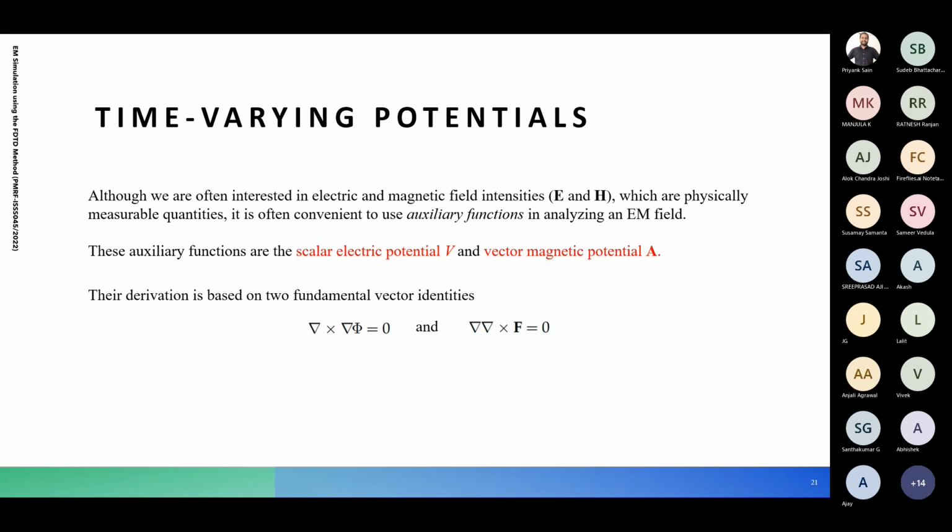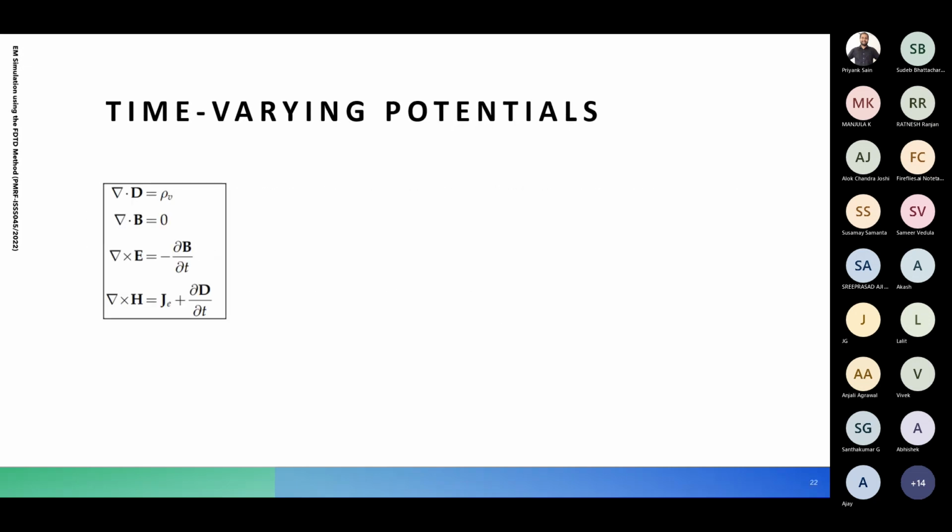The derivation of V and A is based on these two fundamental vector identities, where the curl of the gradient of phi, which is an arbitrary scalar field, equals 0, and the divergence of the curl of a vector field F equals 0. So we'll start with the Maxwell's equations.